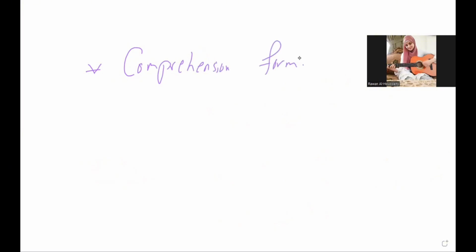In the comprehension form, we should use language as well as symbols. I want to use words and I want to use symbols. Usually in the comprehension form, I give you the extension one and then you have to convert it into a comprehension set.